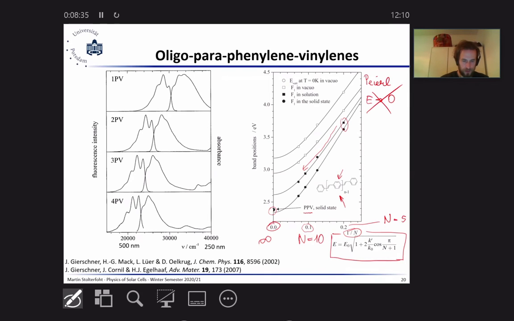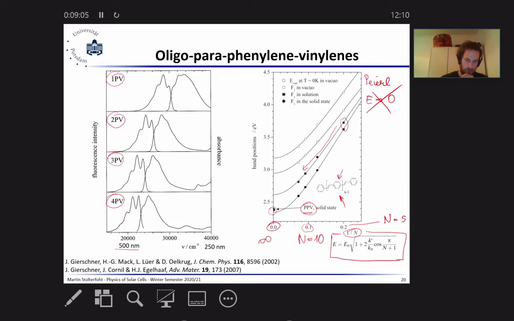And this shows a graph for this PPB molecule with different repeating units: 1, 2, 3, 4 repeating units. It shows the absorbance and the fluorescence of that molecule. With more repeating units, the absorption coefficient is higher.